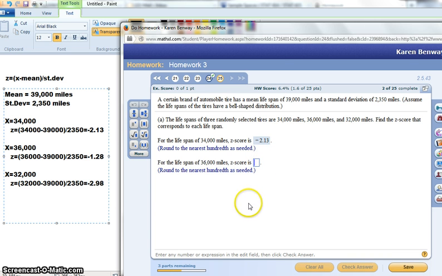Fantastic. For 36,000 miles, now that's my new data value that I'm interested in, so that's my x. I take my x, 36,000, subtract the mean, and divide by the standard deviation to get a z-score of minus 1.28. So I'll enter that here.